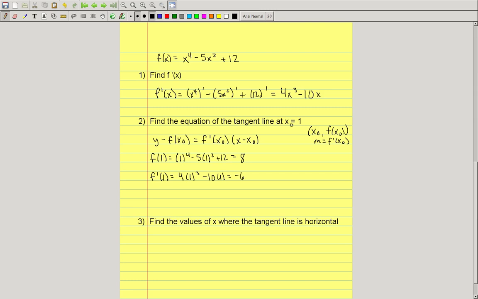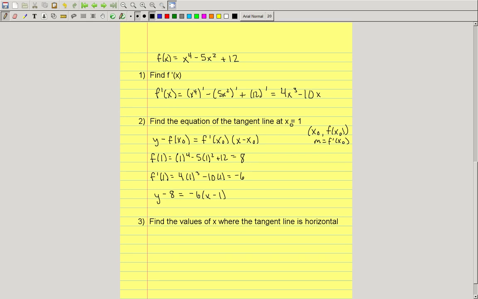With these pieces of information, we can plug the values into our slope-intercept form of our equation and get that y minus 8 is equal to negative 6 times x minus 1.